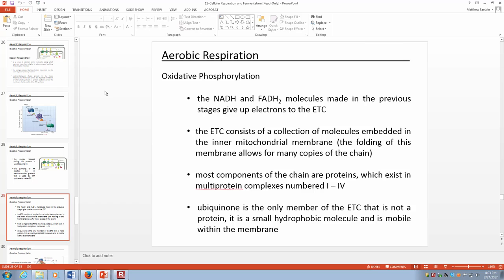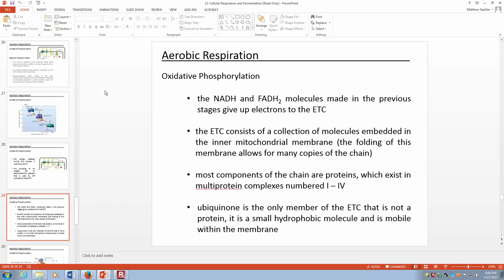And then the final electron acceptor is oxygen. So the electrons coming from NADH in this pathway ultimately end up, and when you add them to oxygen, you're going to create water. So the water that you produce as a byproduct of aerobic respiration is produced in this last step when oxygen acts as the final electron acceptor. Okay, so that's the path of electrons going from NADH to ultimately oxygen through this electron transport chain.